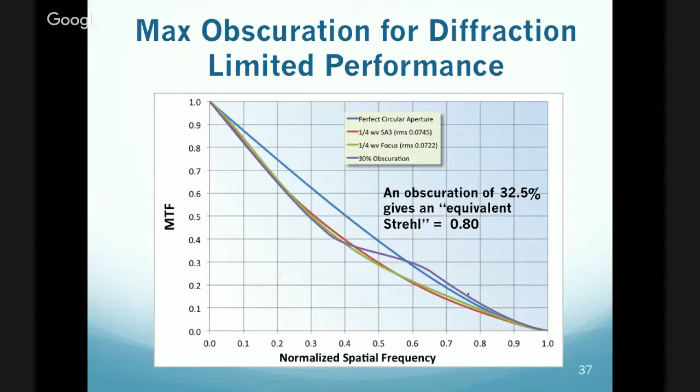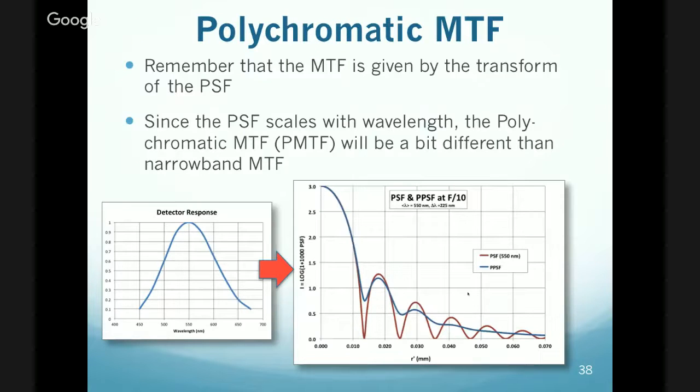One thing I do want to point out, Josh asked about how narrow is narrow. We really have to worry about the fact that we don't work on narrowband PSFs unless we're doing narrowband imaging all the time. A broadband PSF scales with wavelength, and when you do that, it's a complicated calculation. I didn't really have the tools to do it, so just to show you the difference between the PSF and the polychromatic PSF, I did it in one dimension.